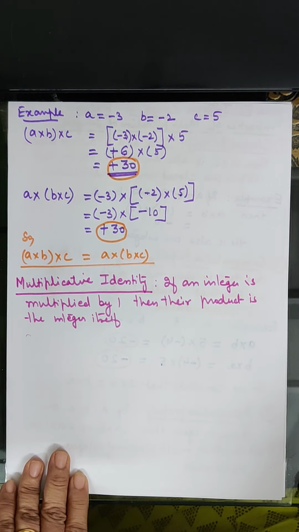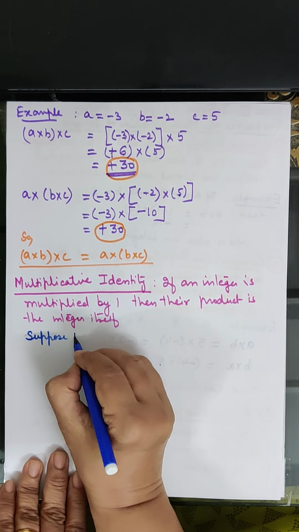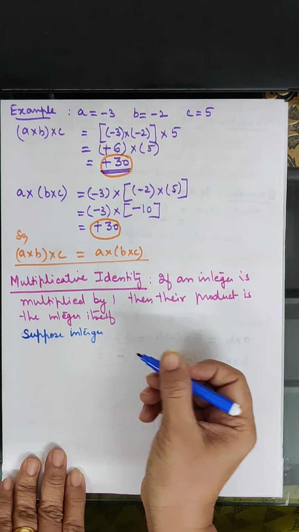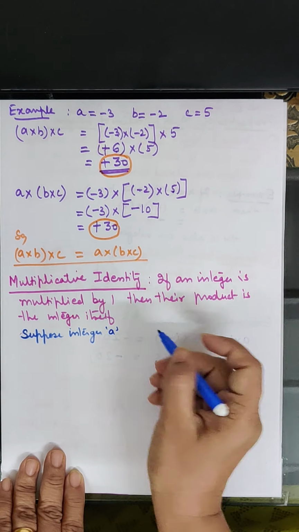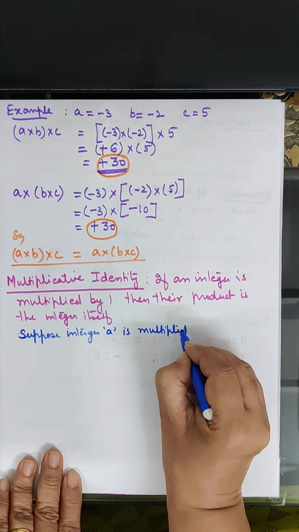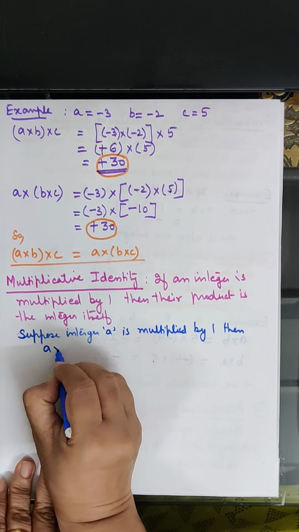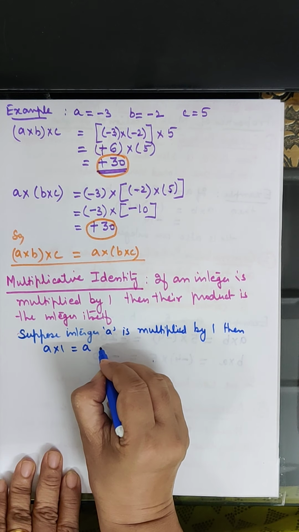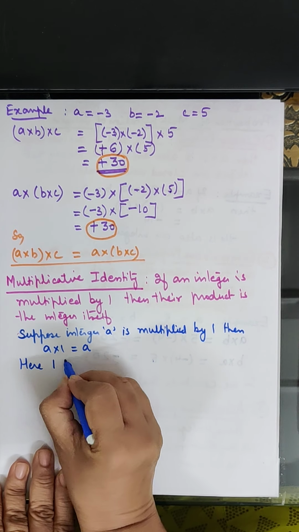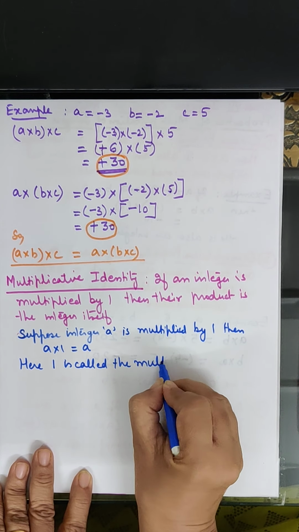Suppose integer A is multiplied by 1, then A into 1 is equal to A. All right. Here 1 is called the multiplicative identity.